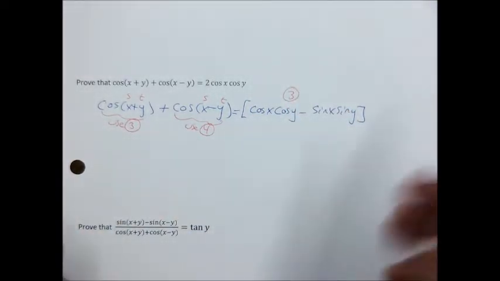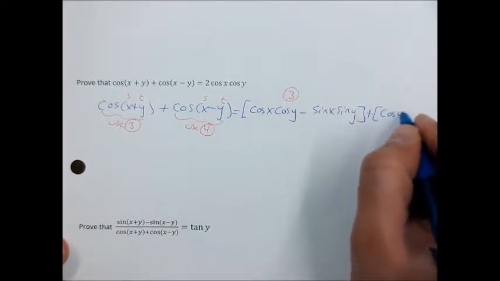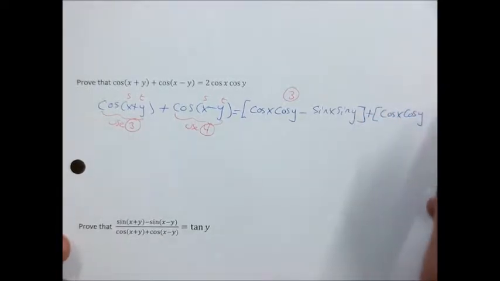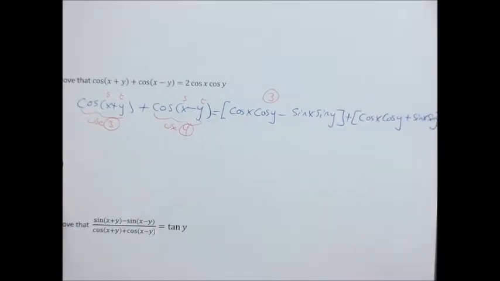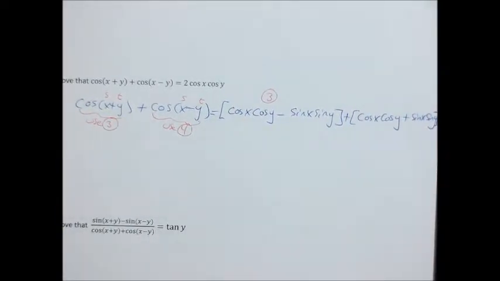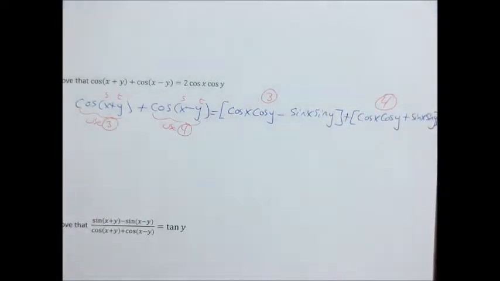And then 4 is cosine x cosine y plus sine x sine y. And so that's number 4. This is equation 4, or formula 4. The first one is formula 3.